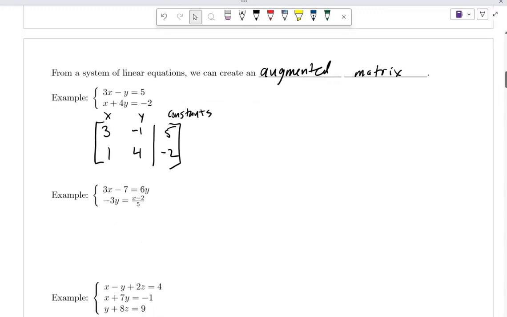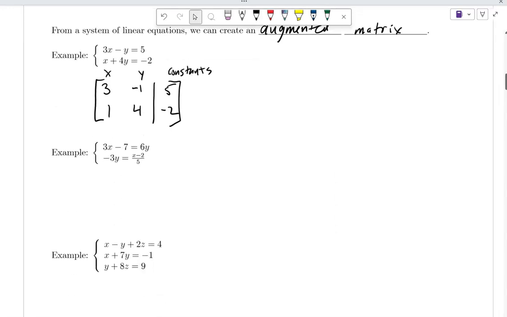That second example, like I said, is not in standard form, right? So I need to move all my variables to one side and my constants to the other. In the first equation, I need to subtract the 6y and add the 7. In the second one, I need to split up that fraction, don't I? And then move the x over. So you'd end up with -1/5 x minus 3y equals -2/5.